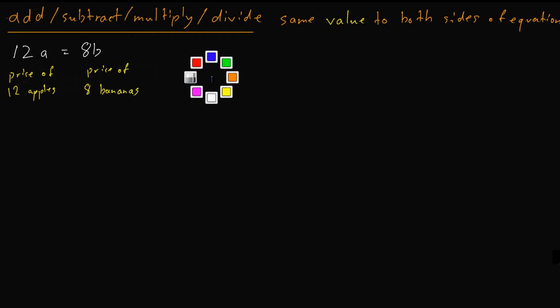Okay, so when we think about it this way, we can see that the equation 12a is equal to 8b is actually kind of like a balance, right? It's like we have the price of 12 apples on this side and the price of 8 bananas on this side, and they are both equal. So if we wanted to put them onto a balance, it would balance, right?